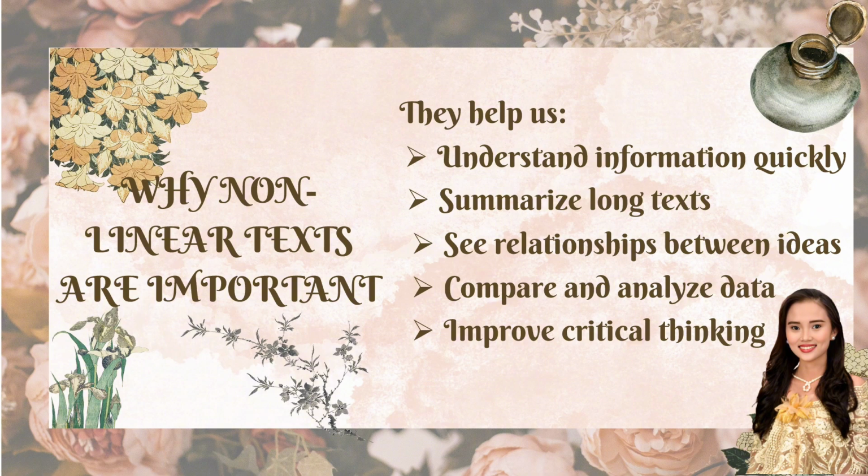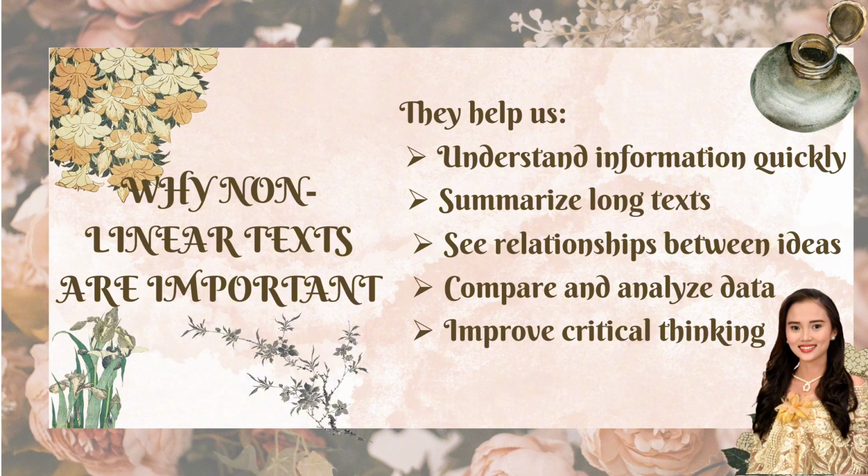So again, what is a graph? Graphs are visual tools that show numerical data, trends, and relationships between variables. And what do graphs help us see? They help us see the trends across time, comparisons between groups, proportions and percentages, and relationships between variables.